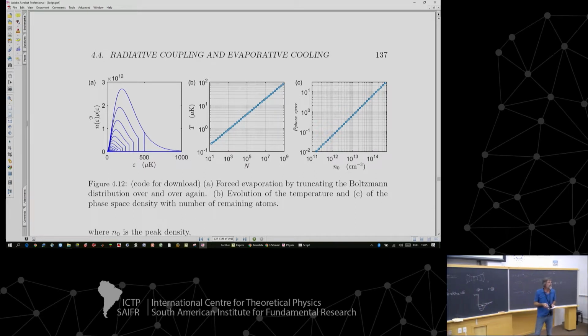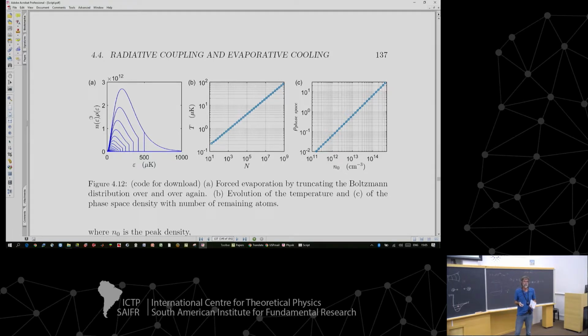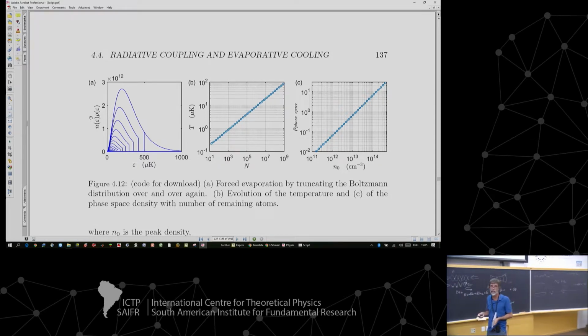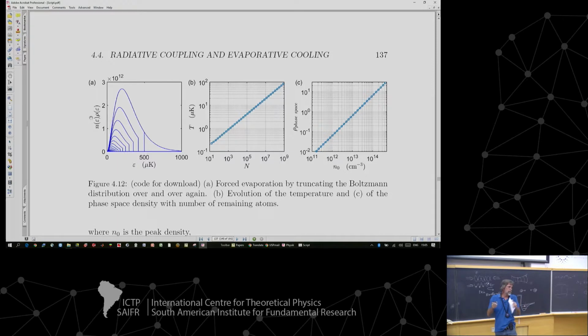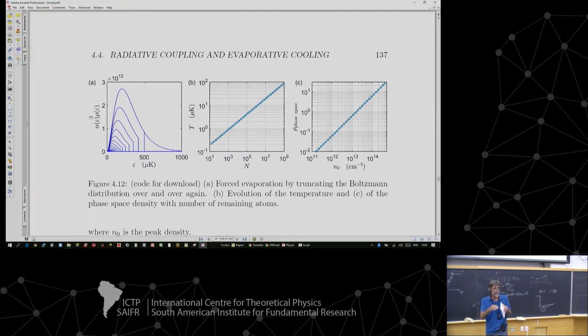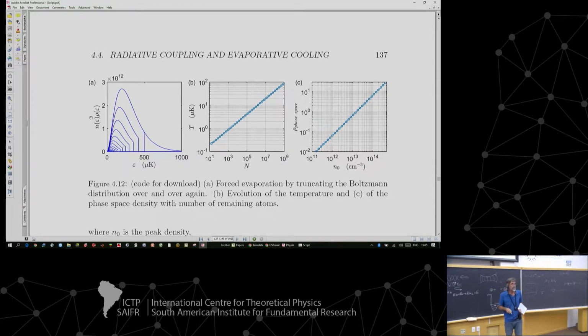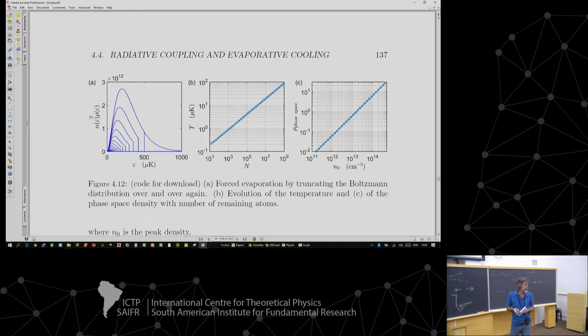It takes, on average, 3 collisions per atom to equilibrate a sample. So every atom has to undergo 3 elastic collisions. This is just a rule of thumb. This leaves your sample in a Boltzmann distribution to which you can attribute a temperature. The notion of temperature only makes sense when you are in thermal equilibrium. So you need elastic collisions to do that.